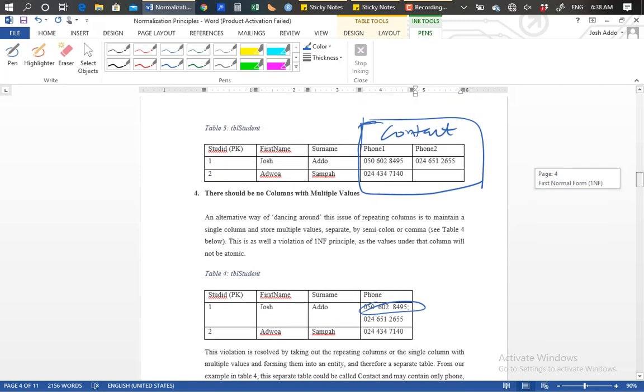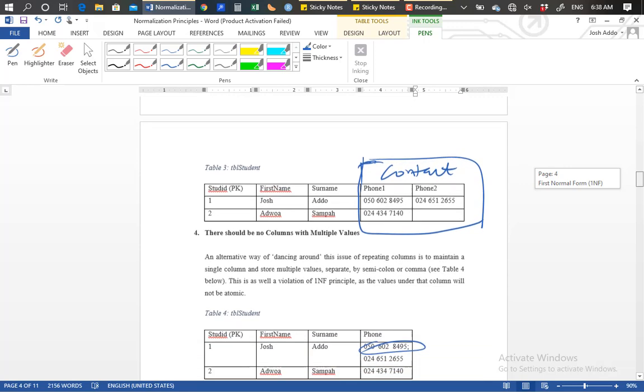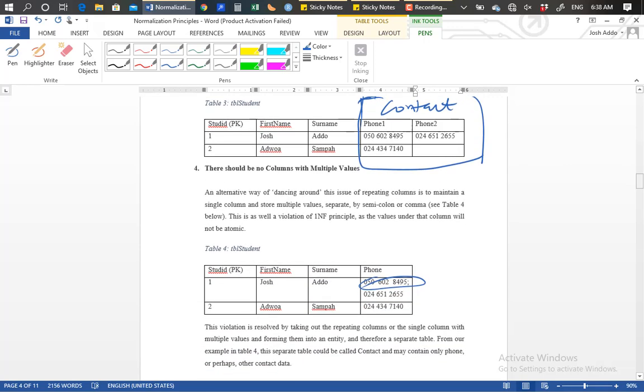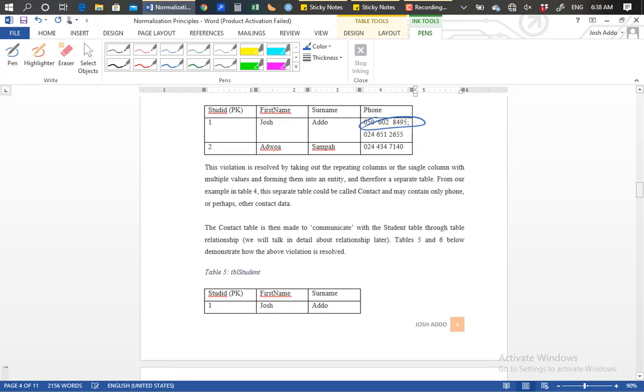And a way to resolve the violation of repeating columns or repeating values is to move the columns that are repeating into a separate table, which is later linked with the main table. So that's what we have captured so far under first normal form. So everybody by now should be very conversant with first normal form principles.